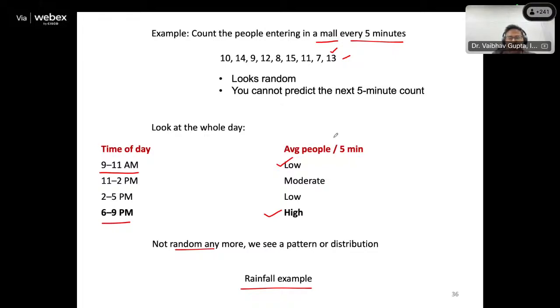But after 1 week or 1 year, you can make a prediction that in the months of August to September, there is high rain, and in the months of January to February, there are very few days where it rains. So just think in this domain. This is called the central limit theorem in mathematics, and it is very common in statistics.